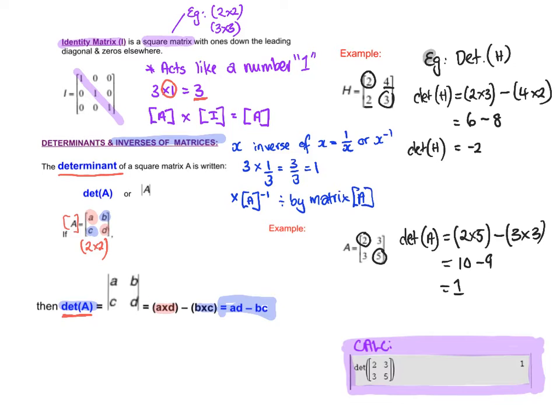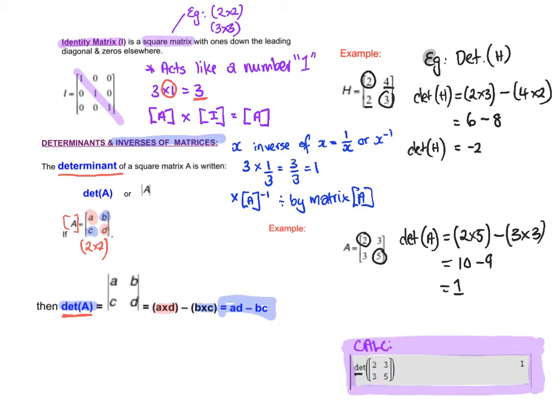If you're trying to do it in your calculator, because this is just a 2 by 2, you won't know how to find the determinant of a bigger one. Now, you can only find the determinant of a square matrix, but you won't be able to find the determinant of that because I haven't shown you. You only know the rule for 2 by 2. So if you want to do a bigger one on the calculator, you'll do this.